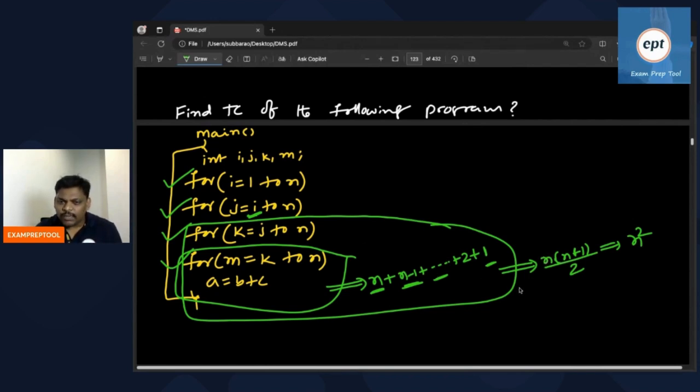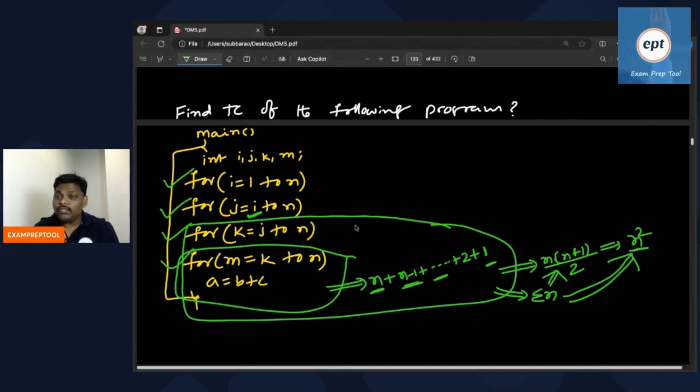The first 2 loops give sigma n, the sum of n natural numbers, n into n plus 1 by 2, which becomes n square. If you take the remaining things also, they will be negligible. So at the end of the 2 loops, it is n square.